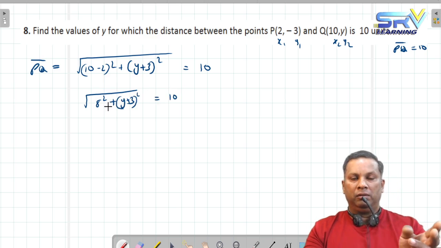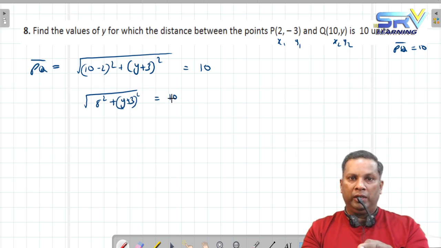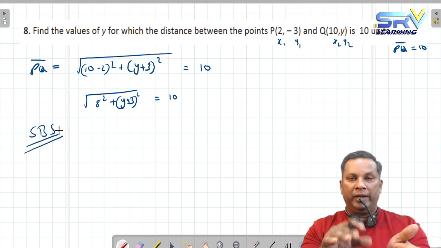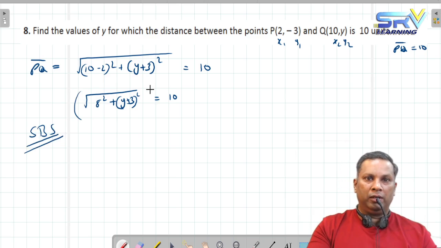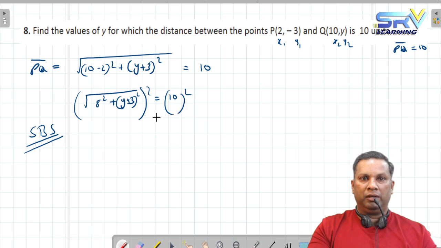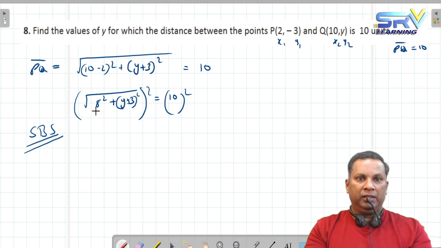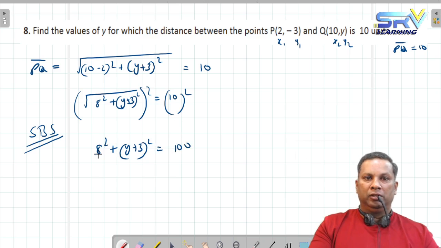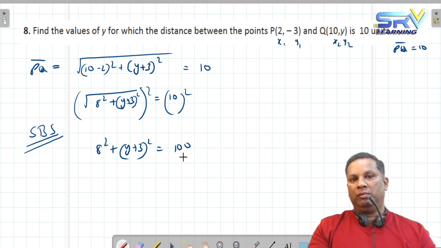Now ये रूट हटाना है तो यहाँ पे रूट 10 कर सकते हैं, बट इसे बेटर करेंगे squaring on both sides. SBS is squaring on both sides. तो इसको स्क्वायर कर दो और इसे भी स्क्वायर कर दो. If you square the left hand side the root will go, you will be left with 8 square plus y plus 3 whole square, and here it will be 100. So 8 square will become 64 and come on the right side.